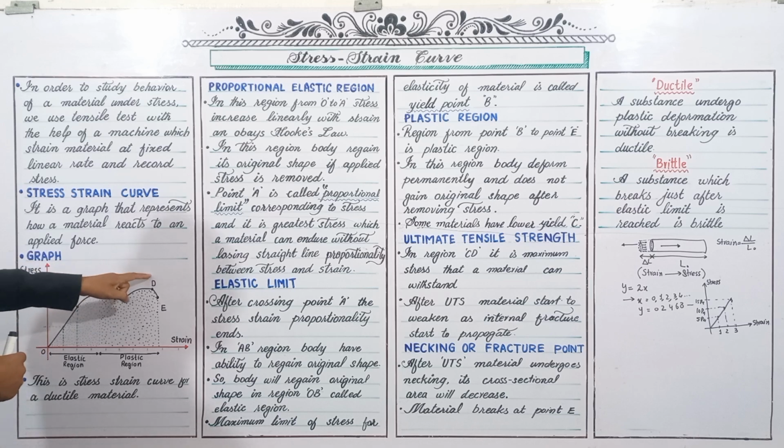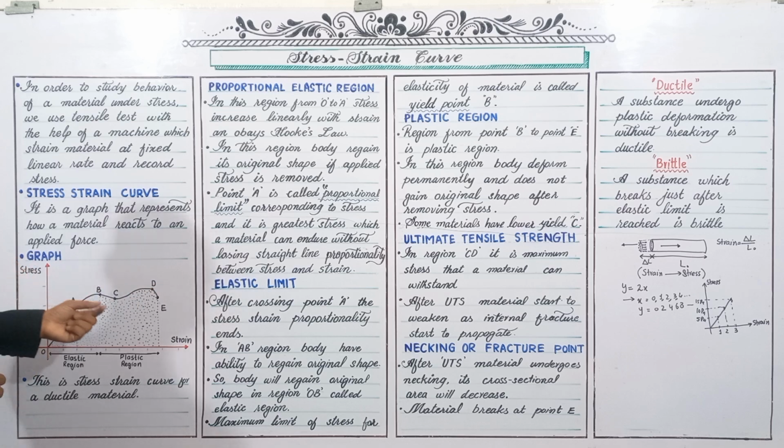After that point, if you further increase the strain, the body will start fracturing. There will be propagation of fractures inside the body, and the cross-sectional area of the body will start decreasing, and a point will come where the body will completely break, that point E. E is the point where the body will break, and this is called the necking point, or the second name is fracture point.